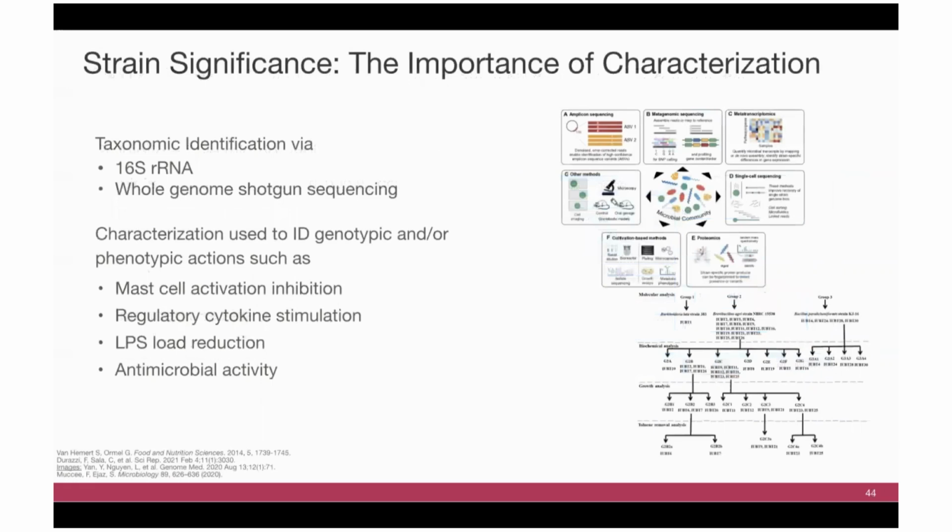So strains. The characterization word is really just its ID based on biological, physiological, molecular, etc. And 16S rRNA is PCR, in case that's still a question for anybody. So both 16S and whole genome shotgun sequencing are currently used. Characterization tells us things like the environment that the microbe will survive in.